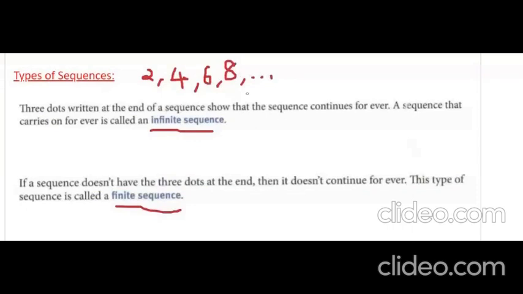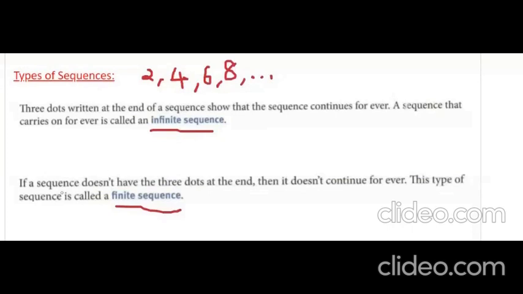If you see three dots at the end of the sequence, we can say that it is an infinite sequence. It means that the numbers are uncountable and there is no end to the sequence, and therefore it ends with three dots.